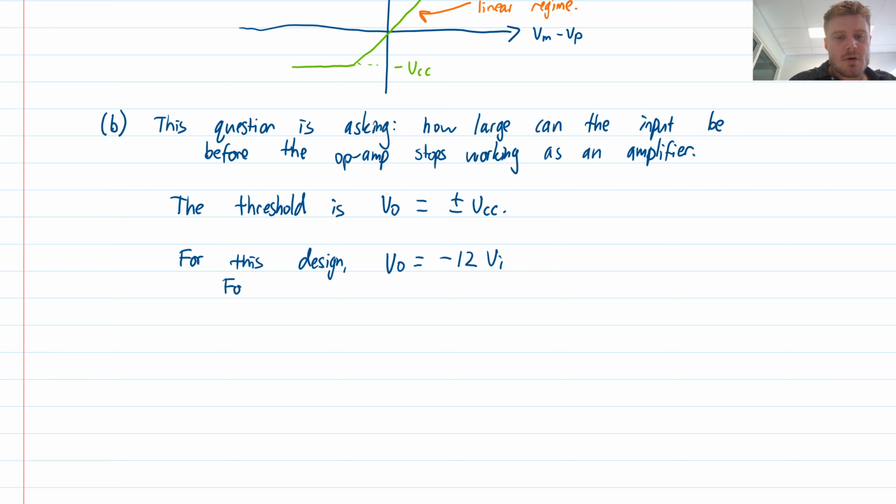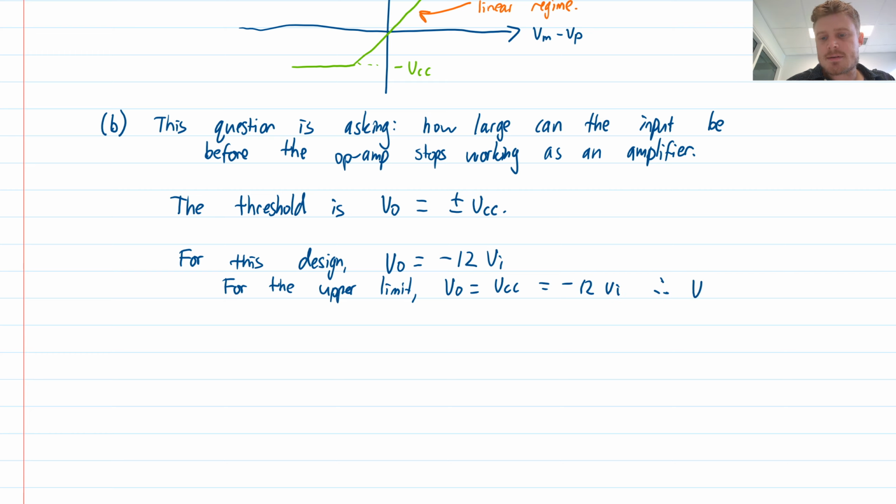For the upper limit, we have V out is equal to positive VCC, which is equal to negative 12 VI.